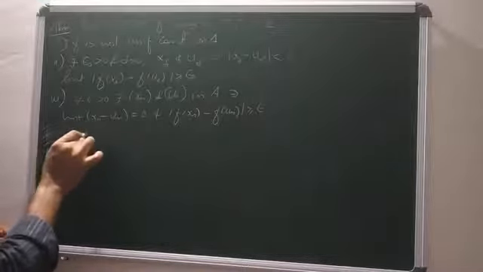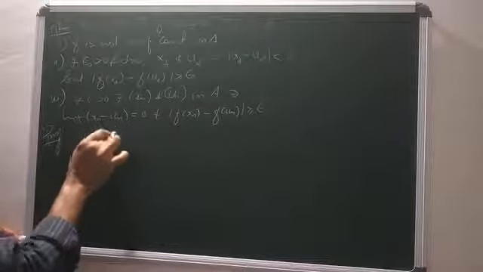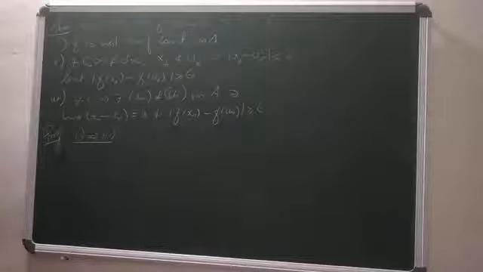One implies two. How to prove one implies two?